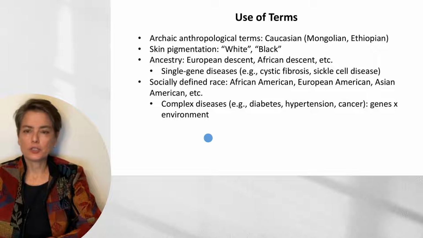And when we look at socially defined race, we're going to make an association with complex diseases such as diabetes, hypertension, and cancer. These are by far the most common contribution to human disease, these complex diseases, and they are due to an interaction of the genes and the environment. And for this, environment has a very, very strong effect.